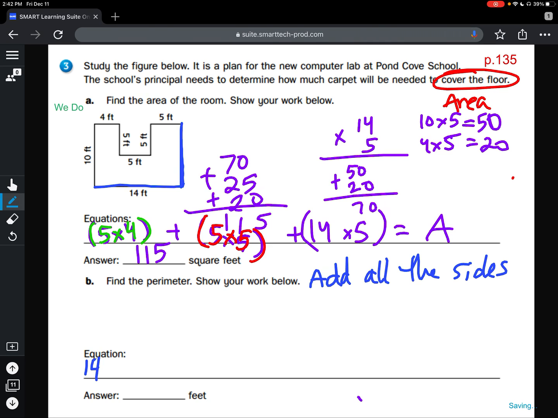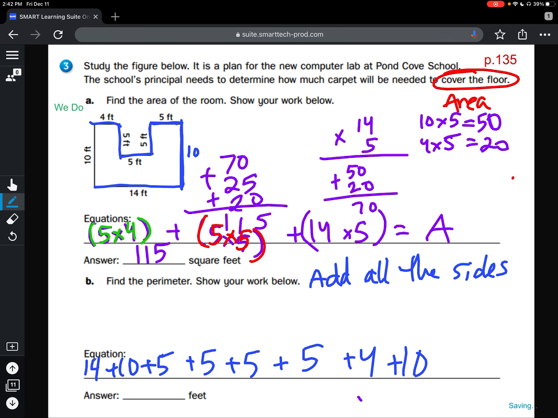How long is this side going to be? We know it has to be 10 because it matches the 10 feet that's parallel to it. Plus 5, plus 5, plus 5, plus 5, plus 4, plus 10. We add all of the sides up, and that gives us our perimeter. When we add those together, you will get an answer of 58 feet.